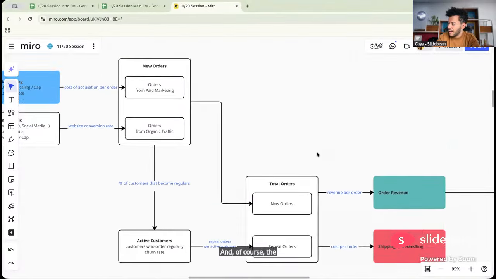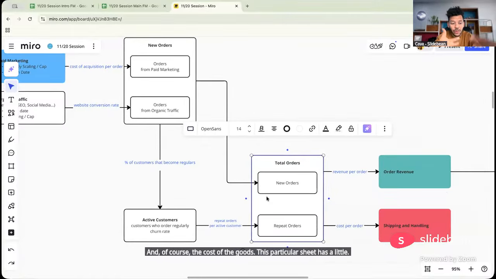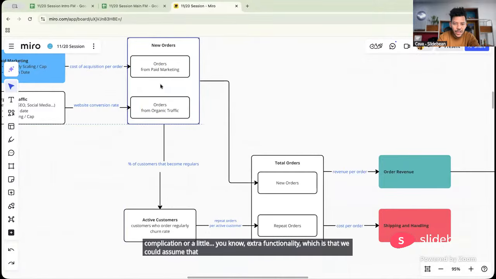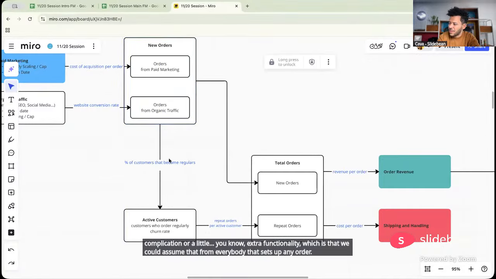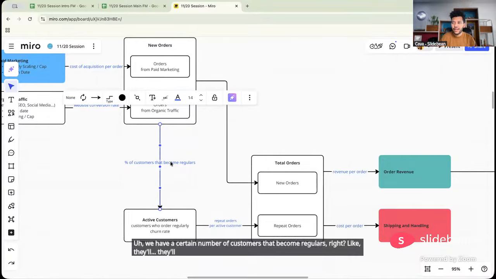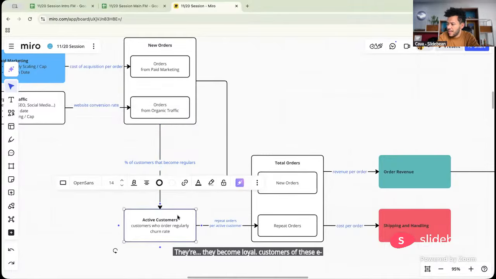This particular sheet has a little extra functionality, which is that we could assume that from everybody that places an order, a certain number of customers become regulars. They'll buy once, but they'll come back. They become loyal customers of this e-commerce. So maybe those active customers have repeat orders.